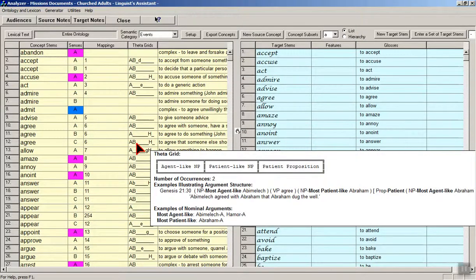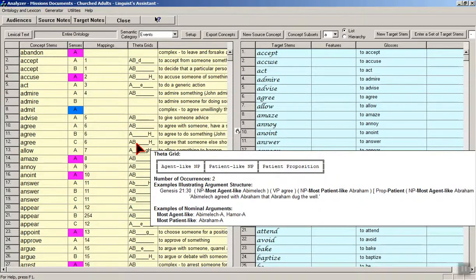And another one here, this is another sense. Abimelech agreed with Abraham that Abraham dug the well. So in other words, you're agreeing with someone that something happened. So the way you'd write that in phase 1 is Abimelech agreed with Abraham, left bracket, for the proposition, the subordinate clause, left bracket, that Abraham dug the well, right bracket.